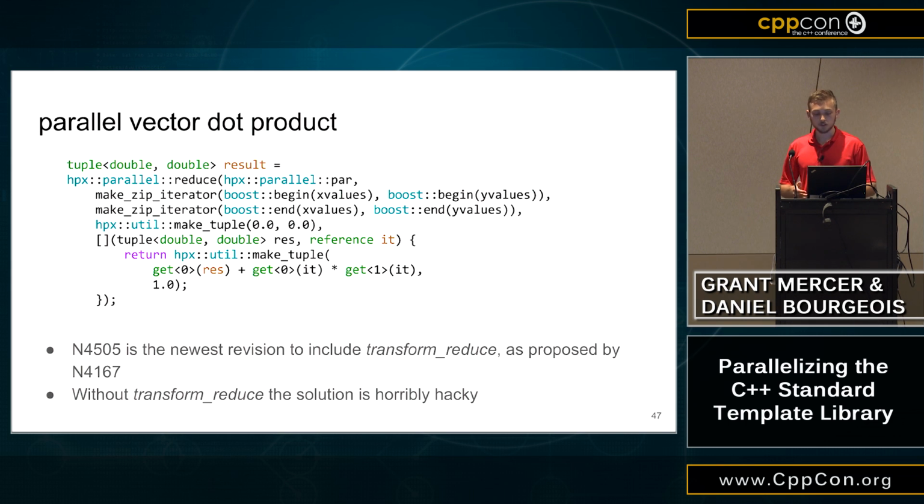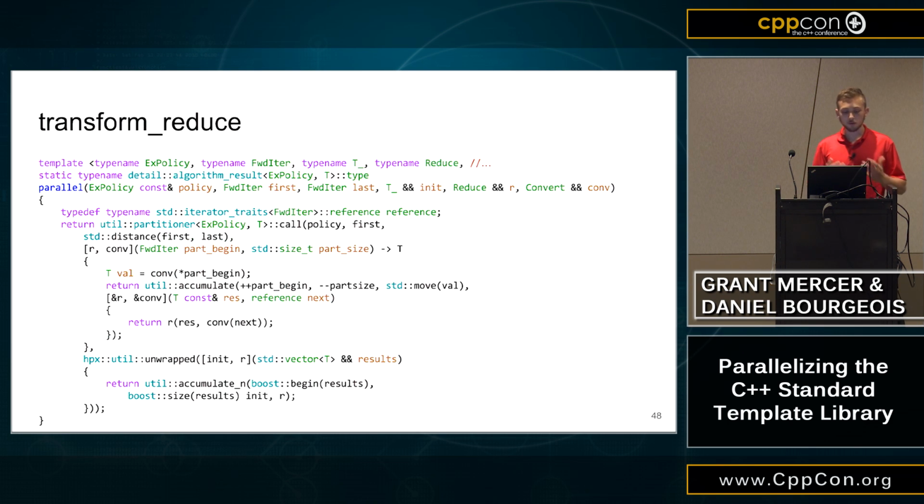And this is what led us to write a proposal on introducing transform reduce. This algorithm wasn't initially in the proposal, but while we were doing this vector dot product problem, we realized that you would need a transform reduce in cases like this. And we proposed it in 4167, and it was implemented later on, and it's now in the proposal. But what transform reduce does is it'll add in an additional function you can pass.